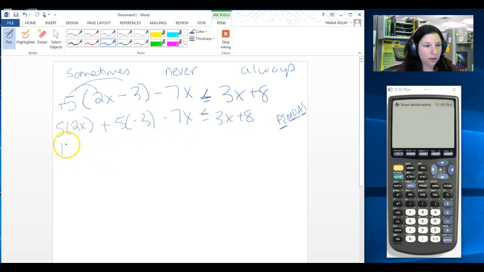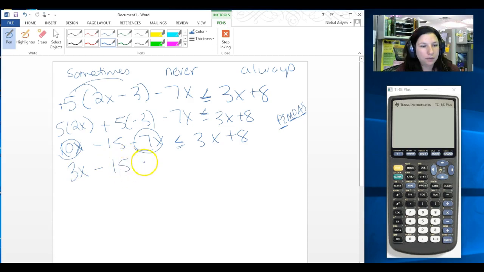That'll give me 10x minus 15 minus 7x is less than or equal to 3x plus 8. I have like terms that are on the same side of the inequality symbol, so I can go ahead and combine those. Remember, they're like terms because they have the same variable and the same exponent, both x's. 10x minus 7x is 3x.